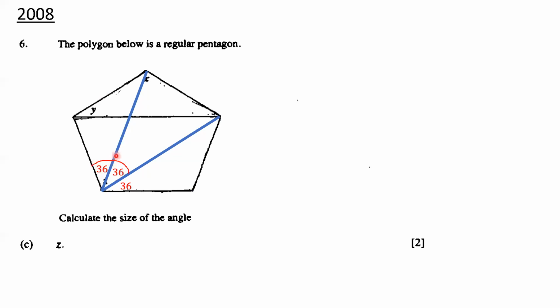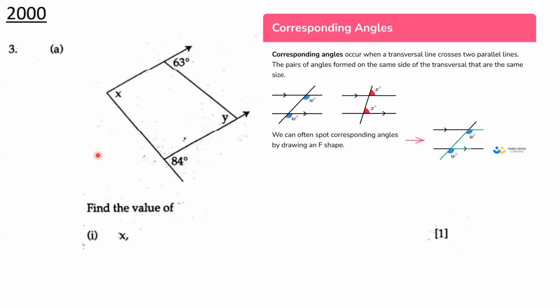So this 36 along with this 36. And so that means that we're going to multiply 2 times 36. And 2 times 36 is definitely going to be 72. All right, and that's the answer for z. We multiply 2 by 36. Okay, let's move on to the next question.